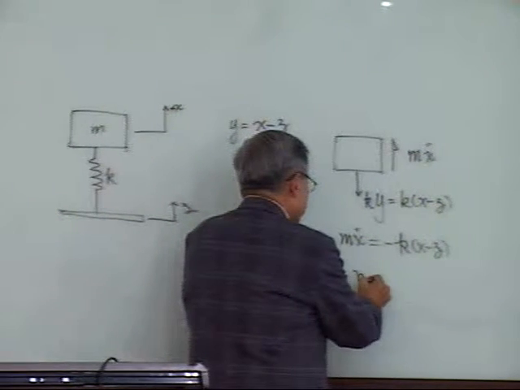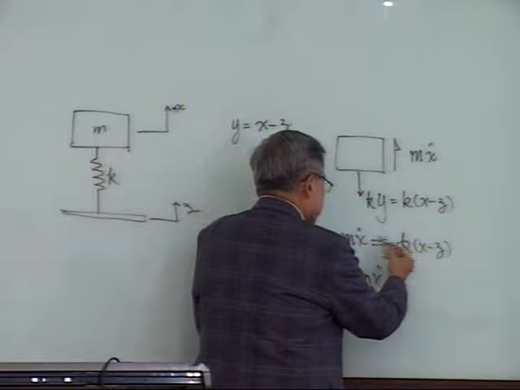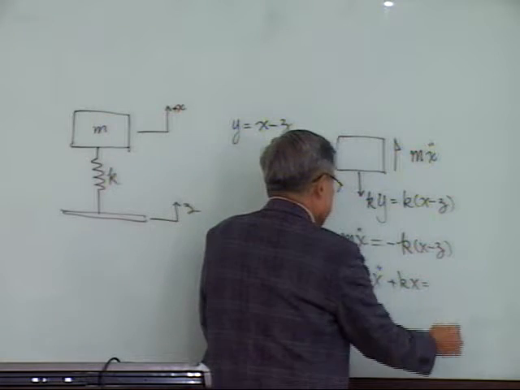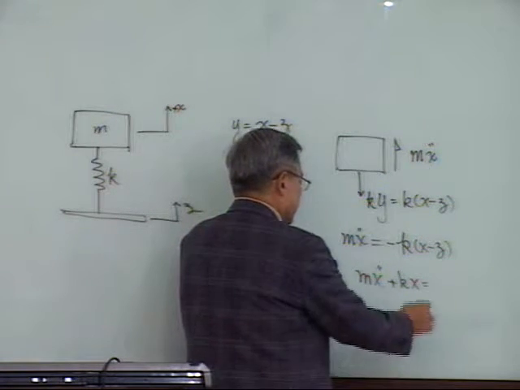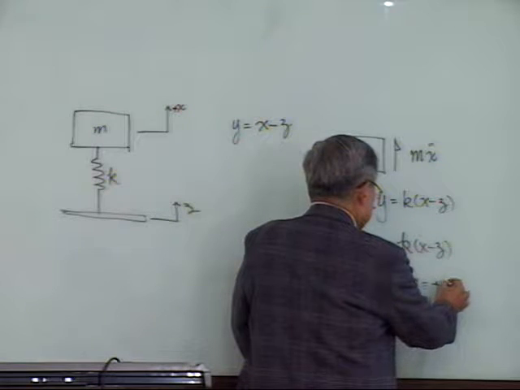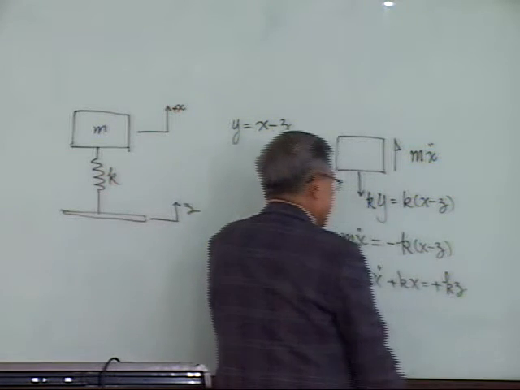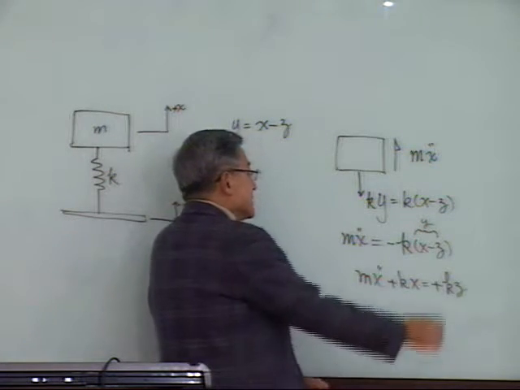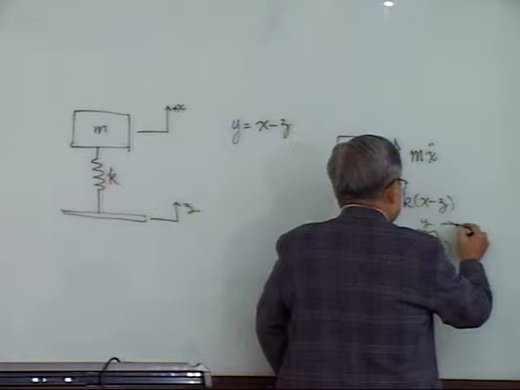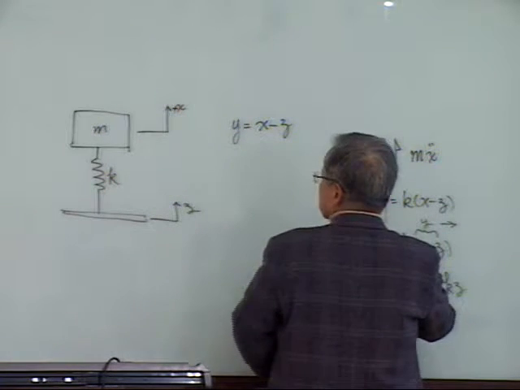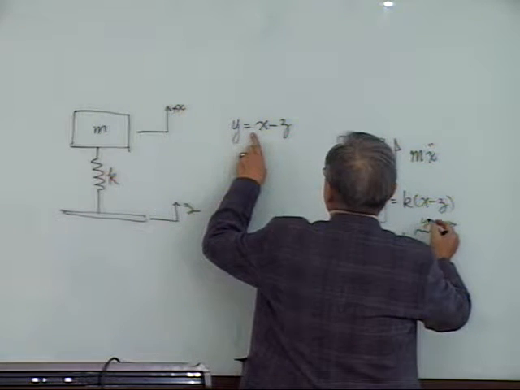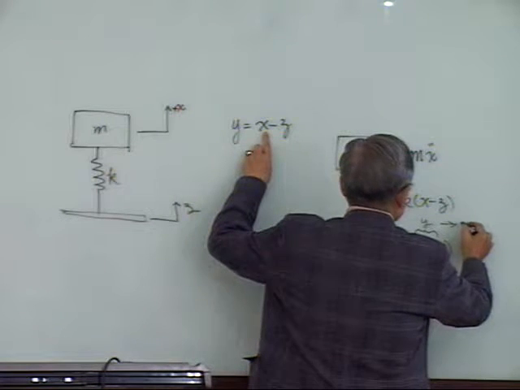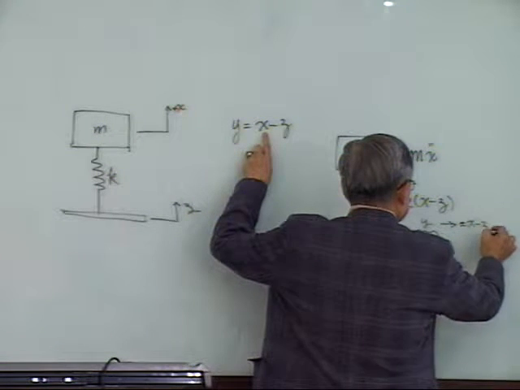Then the m x double dot, if you open this guy, plus kx is equal to plus kz. That's one way. Another way is if I'm going to reset this guy as y, right? So if you reset that as y, then what happens? So here, y is equal to x minus z, right? Is equal to x minus z.